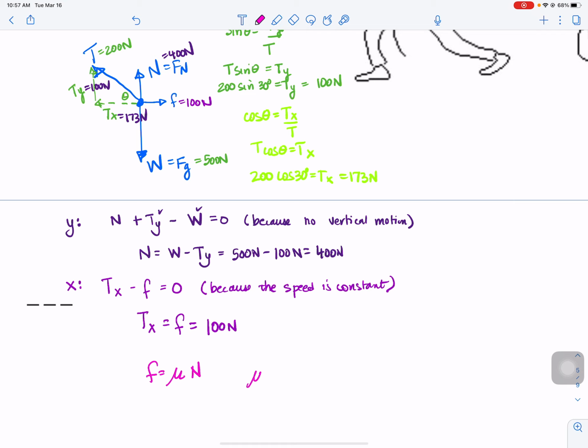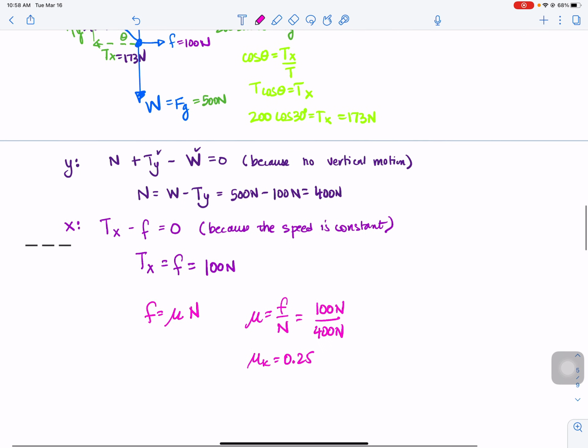And so mu is equal to F over N. And so that's 100 newtons divided by 400 newtons. And so mu kinetic is actually 0.25. So that's everything we have solved about the problem, or everything that you can solve.